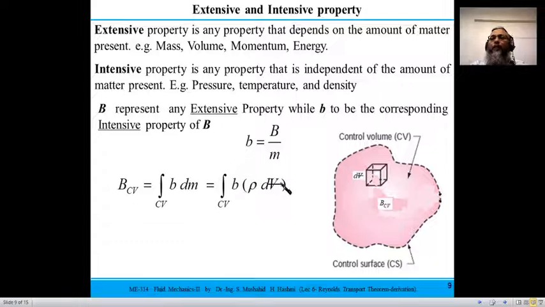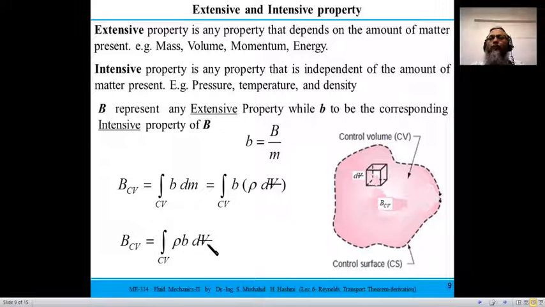So this is the mass of this differential volume. What I have done is integrate over the whole control volume, which means these small masses have been summed up together to get the extensive quantity of the whole control volume. So we can write it in this manner. This is an important expression, and what it says is that you have a differential volume and the extensive quantity, whose corresponding intensive quantity is b.